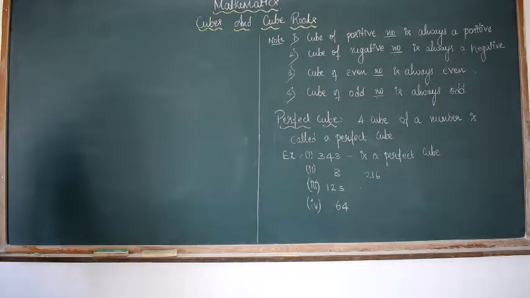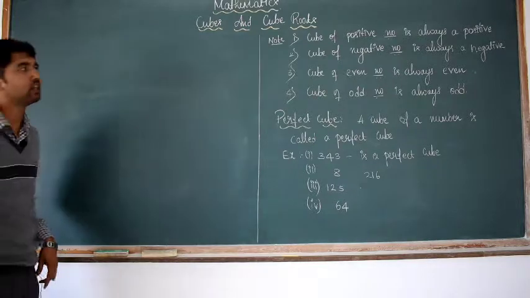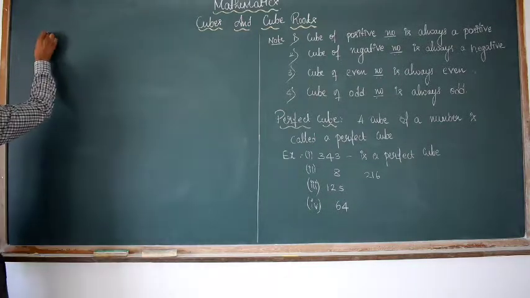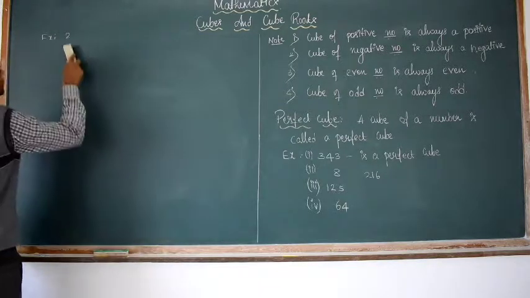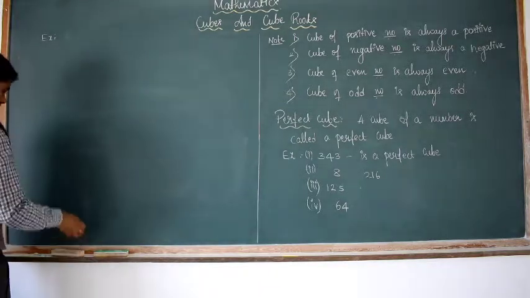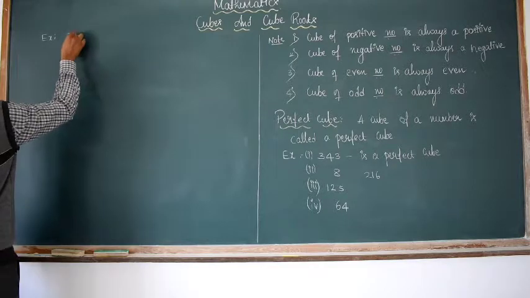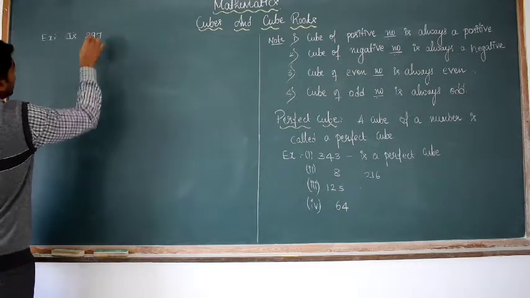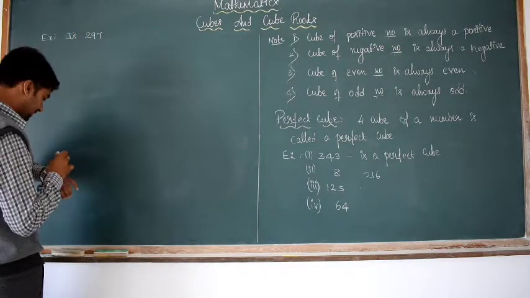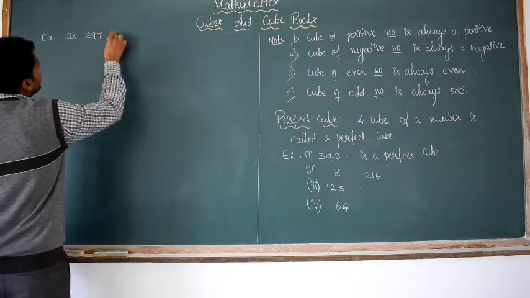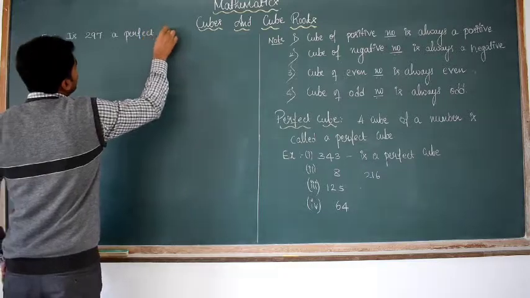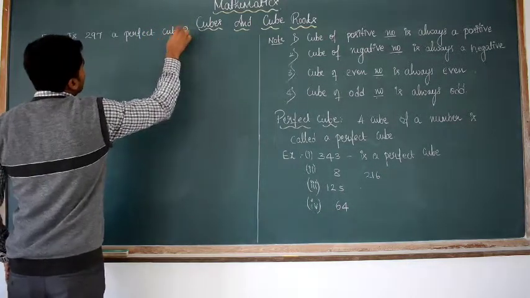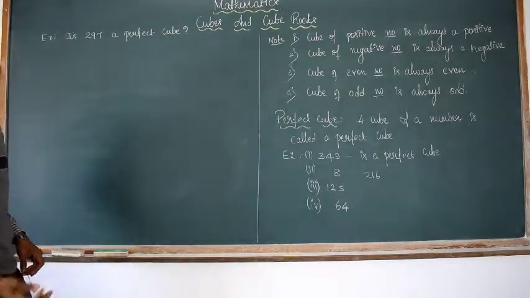Example: is 297 a perfect cube? This we need to check.